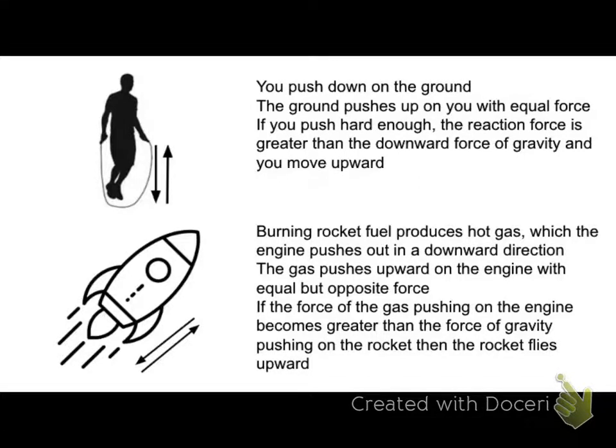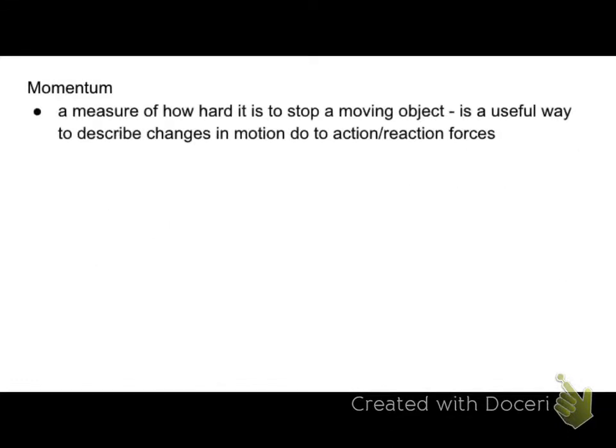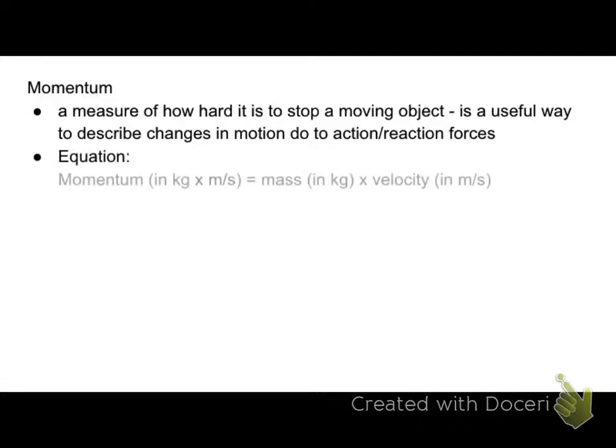Now that we understand the action-reaction forces, let's talk about momentum. Momentum is a measure of how hard it is to stop a moving object, and it's a useful way to describe changes in motion due to action or reaction forces. The equation is that momentum, which we measure with a unit of kilograms times meters per second, is equal to the mass of an object, which we measure in kilograms, times the velocity of an object, which we measure in meters per second.